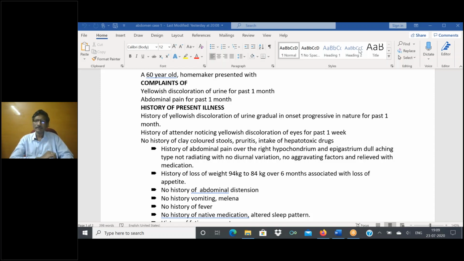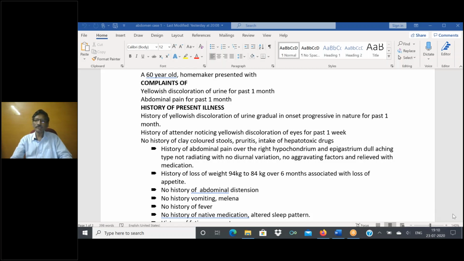Yes, sir. Then in that case, you have to write it as informant is patient and her relative. Whatever relative you have got, you should include it. Okay, so remember that. So I'll go ahead to the history of presenting illness.